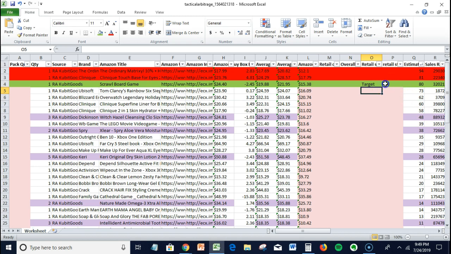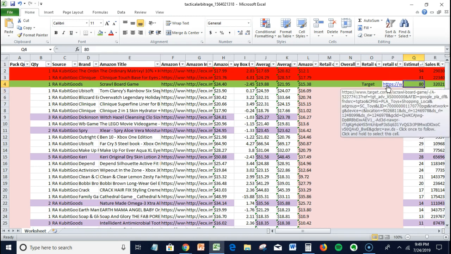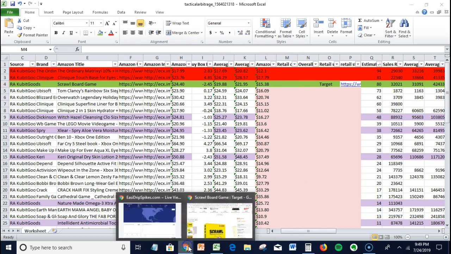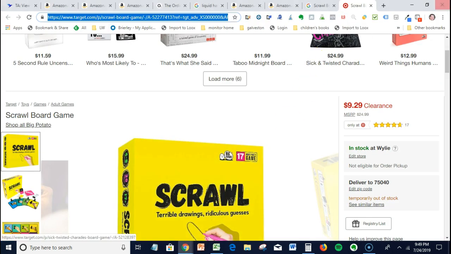And then you want to put what the retail cost was. The retail cost was $9.29.